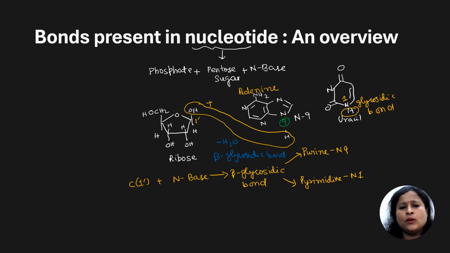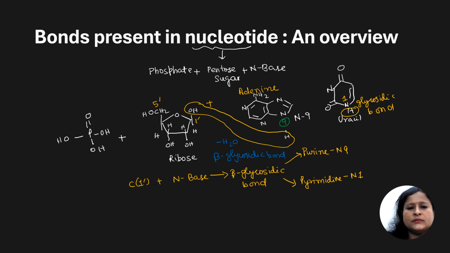Okay. Now let's check what the phosphate group is doing. Where is it getting attached? Okay. So this is your carbon number 5 for the ribose group. Now let's place the phosphate group here. This is a phosphate group. Now we know phosphate group has a tendency to lose what? Protons.